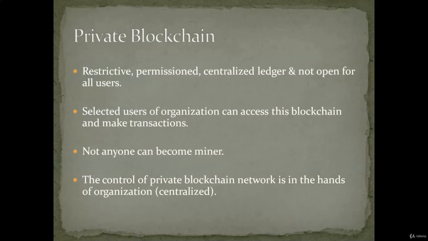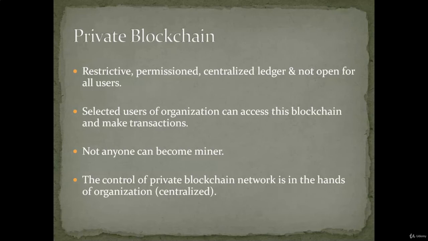Private blockchains. A private blockchain is a restrictive, permissioned, closed, centralized ledger. It means everyone cannot access it. Private blockchains are usually used within organizations, enterprises, and companies, and only selected users of organizations that are authorized can access this type of blockchain and transactions, with certain permissions and restrictions with respect to users.